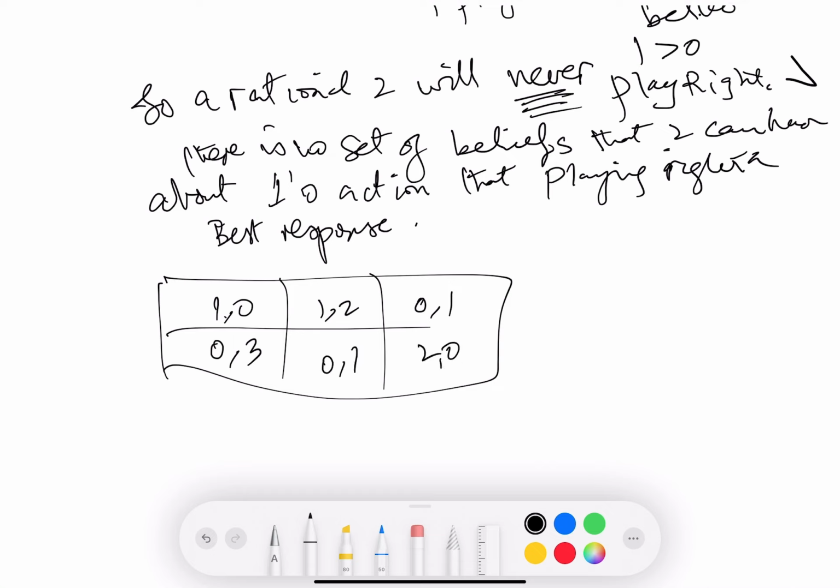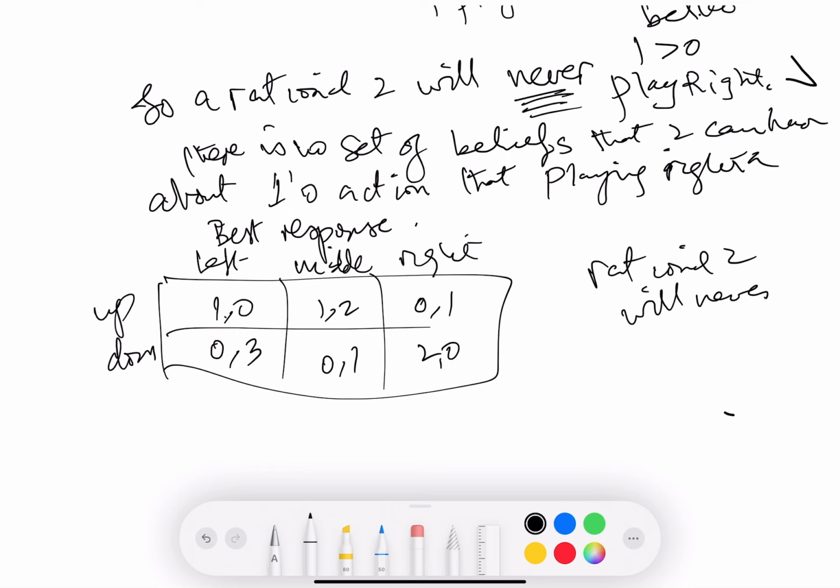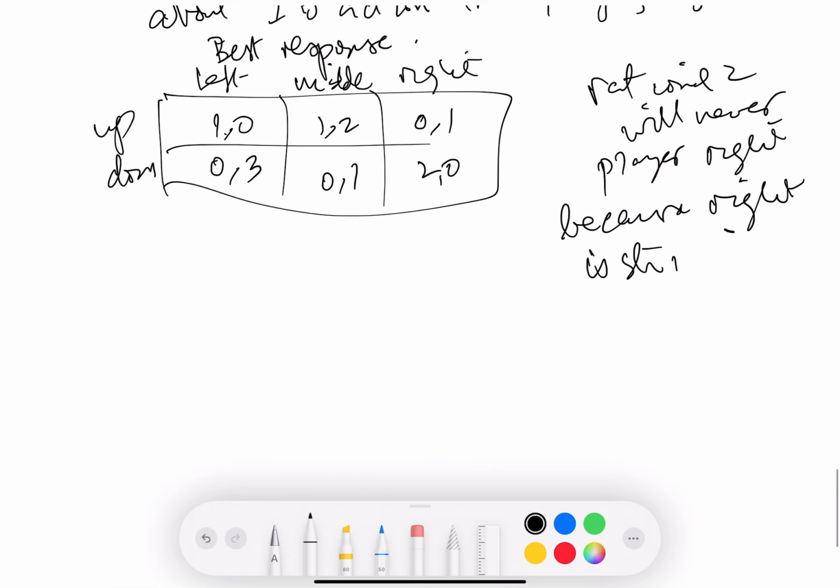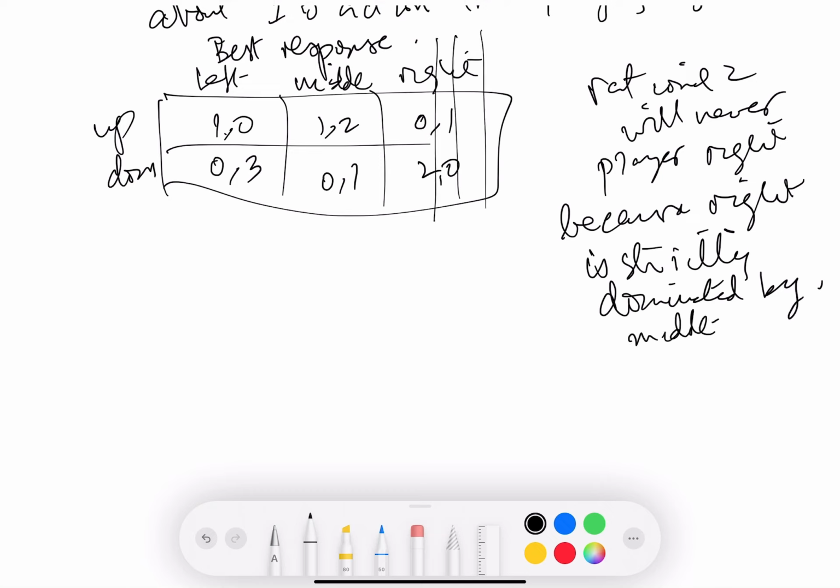So this is up, down, left, middle, right. So a rational 2 will never play right because right is strictly dominated by middle. So I can rule this out. This is never going to be played.